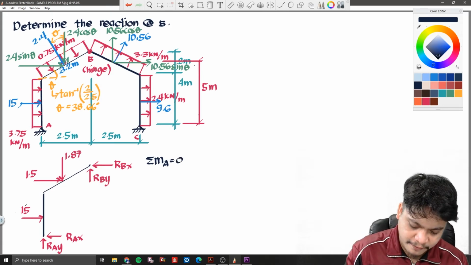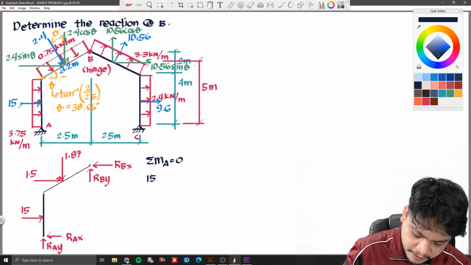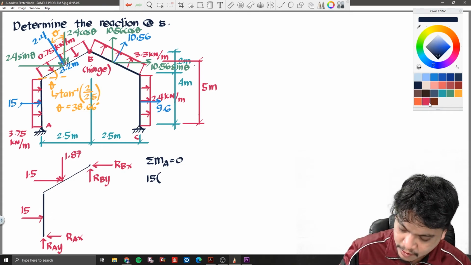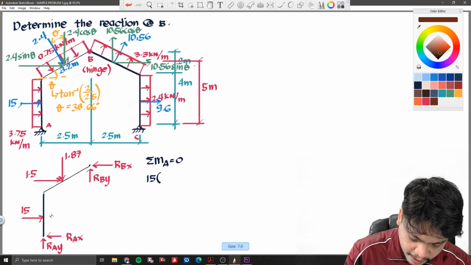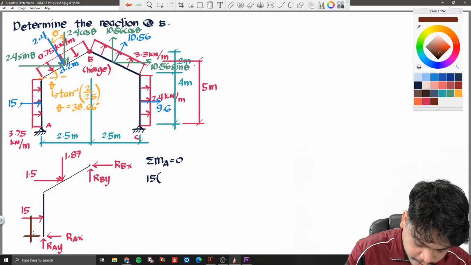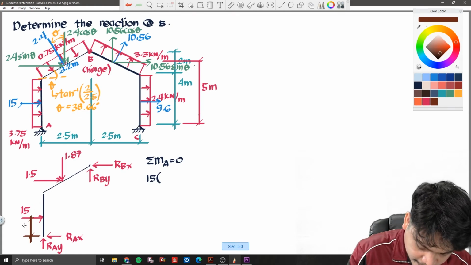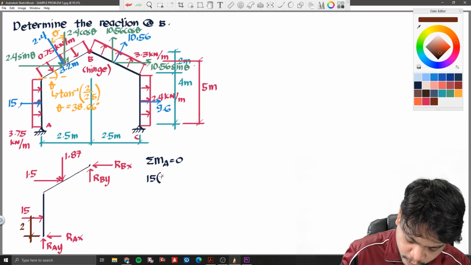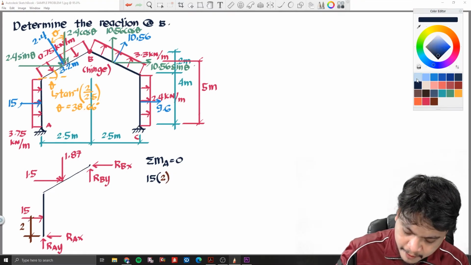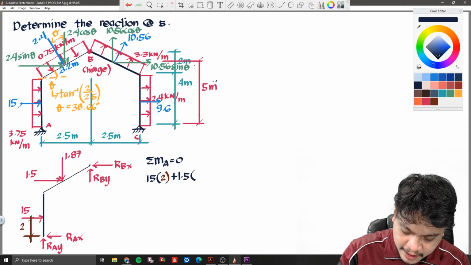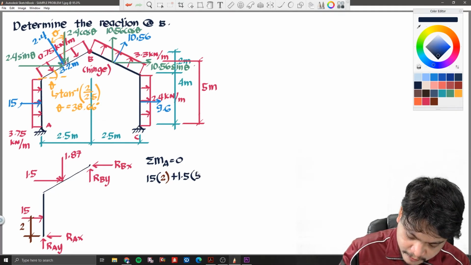So, first is the 15. So, you will be having here 15, multiply natin lang kalahati ng 4. So, this distance is actually from here hanggang doon. So, that's kalahati, so that's around 2 meters. The next, I will have it plus 1.5 multiplied by the distance, which, sabi ko nga, is 5 meters.